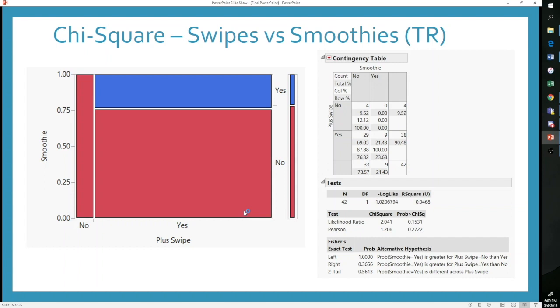And again, our results are consistent with the Tuesday, Thursday data, as the p-value is 0.2722, and we can conclude the same as Monday, Wednesday, Friday.